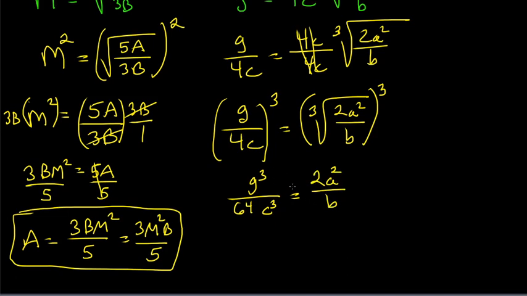You just multiply by the LCD, or just cross multiply. If we multiply b times g cubed, I'll do that over here, b times g cubed. And if we multiply 64c cubed by 2a squared, we're going to get 64 times 2, 128, a squared times c cubed. So by cross multiplying, I got rid of the fractions.